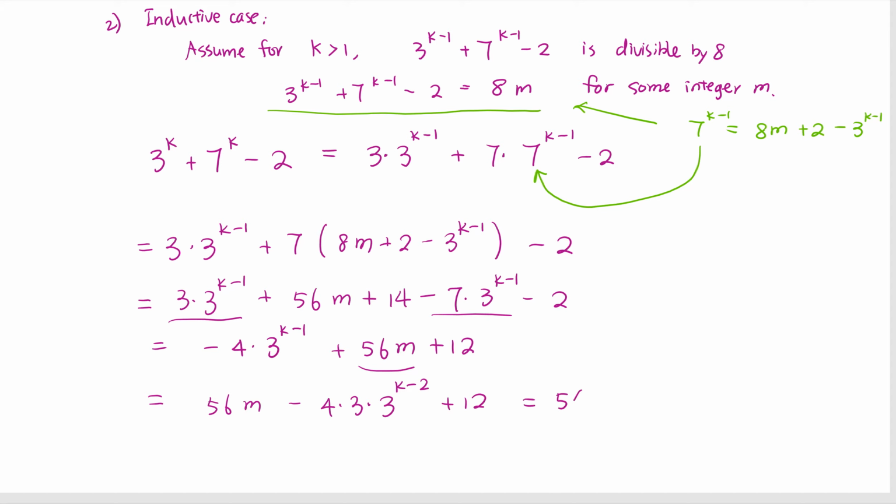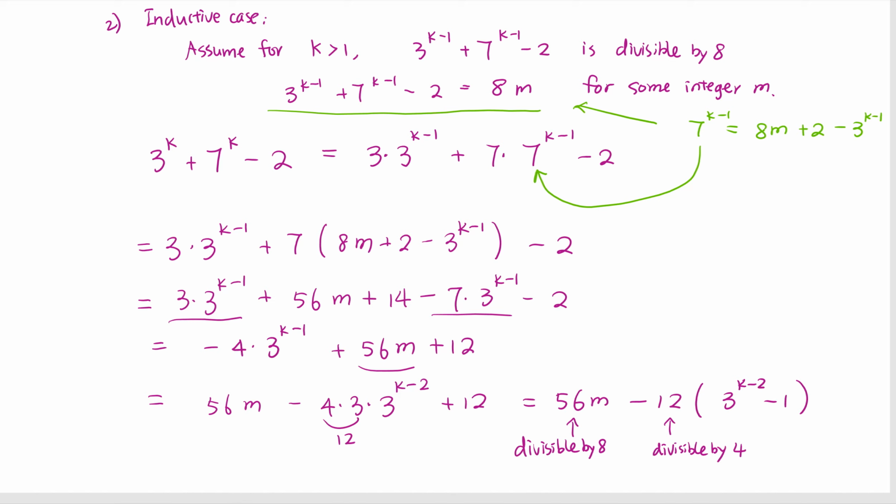Let's see. So we have 56m, and now this guy is 12. We can factor out negative 12, and then we have 3 to the k minus 2 minus 1. Now this guy is divisible by 8, that's good. But this guy, 12, is divisible by 4, right?